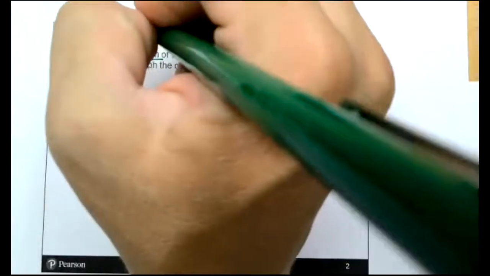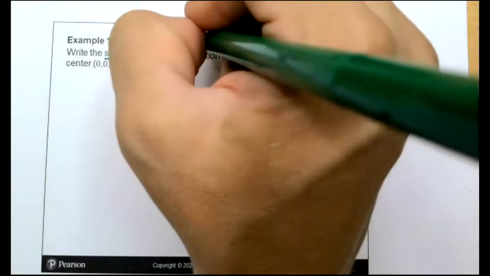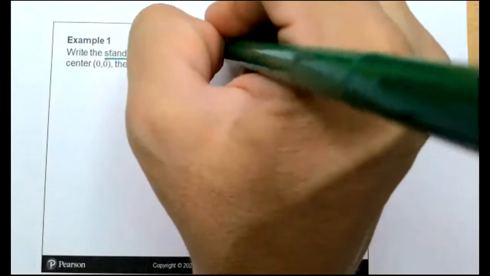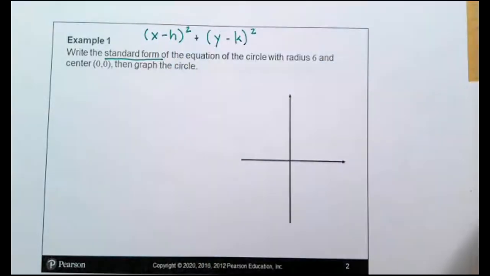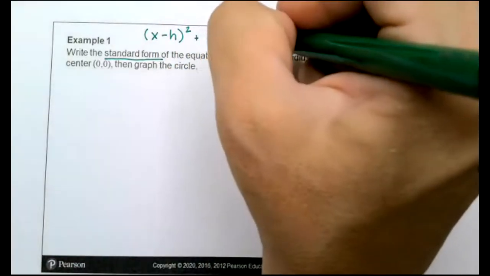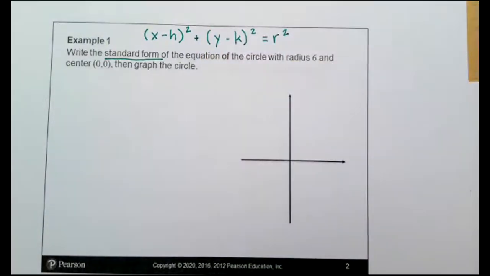The standard form was change the sign of h, put it with x, square it, change the sign of k, put it with y, square it. All of that is equal to r squared, okay?